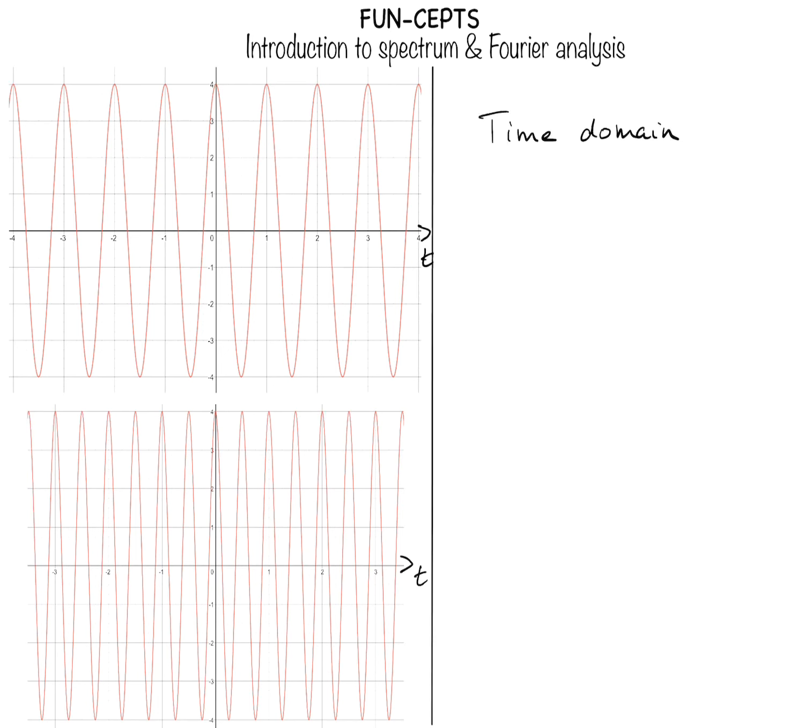In contrast, the spectrum is a representation of the same signals but in the frequency domain. So we will transform the signal from the time domain to the frequency domain. That means the spectral representation would be a plot or a graph which has frequency f on the x-axis and some other parameter on the y-axis.